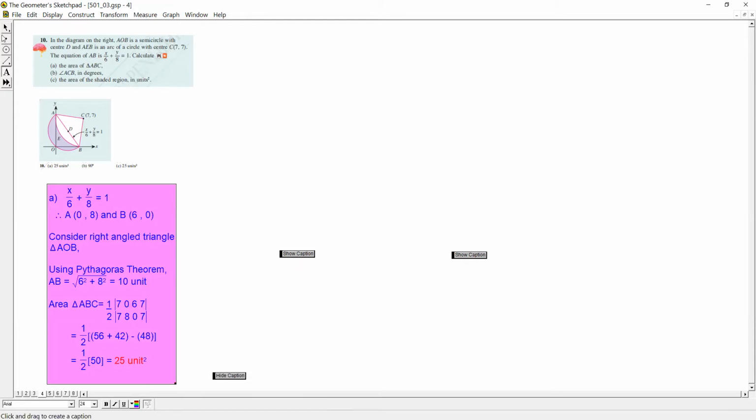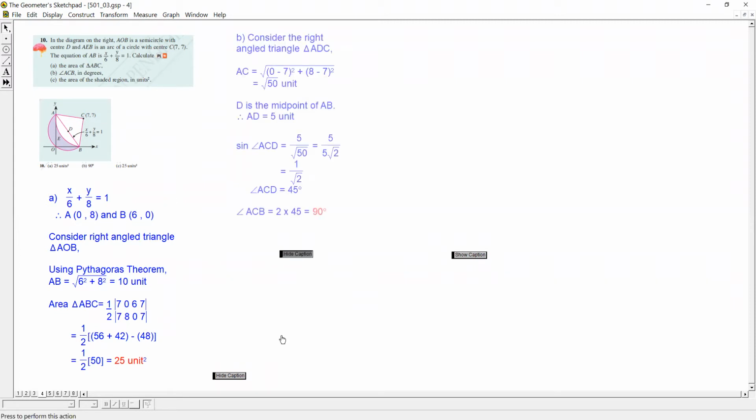Okay, next part. Find the angle ACB in degrees. ACB is the angle of this sector. How to find it? Consider the right angle triangle ADC. Why do I call this ADC a right angle triangle?